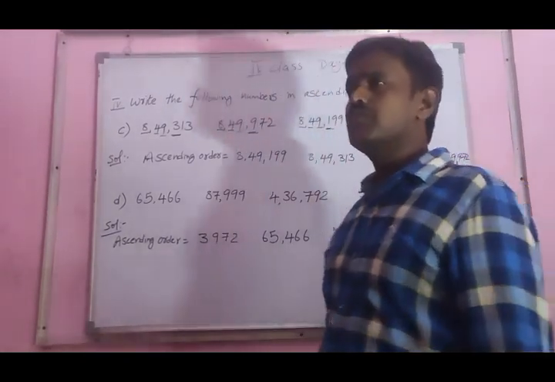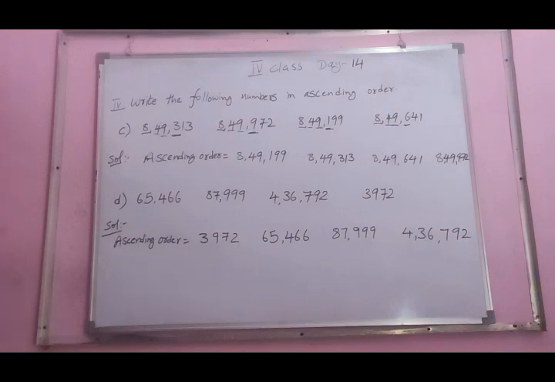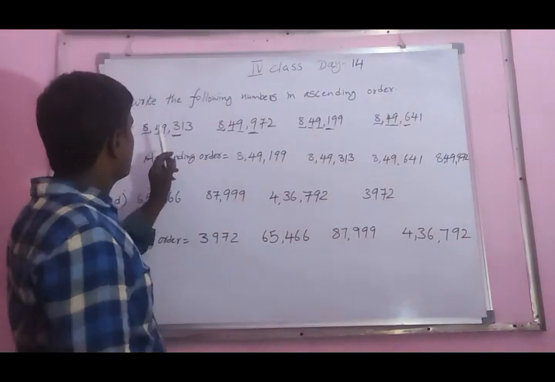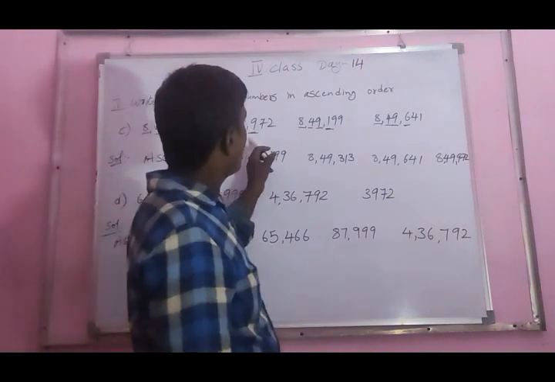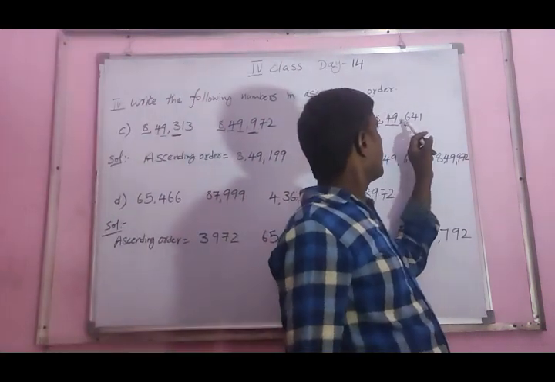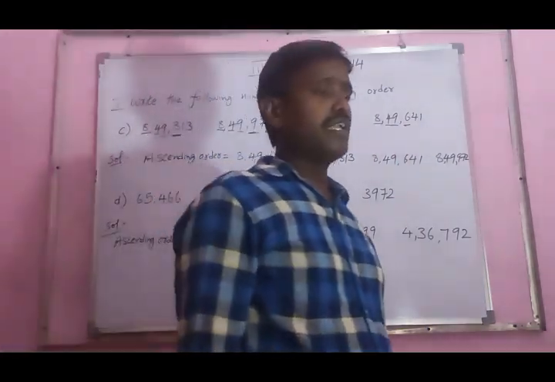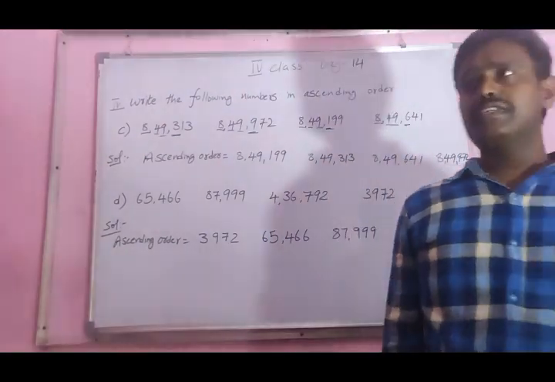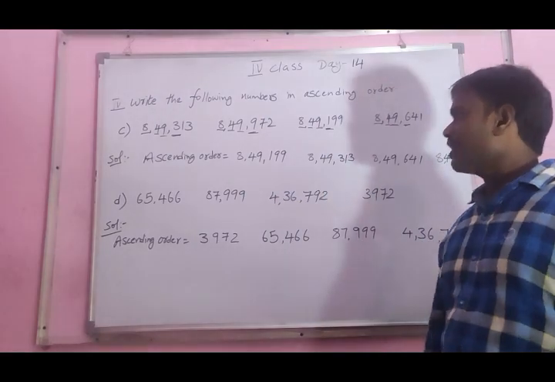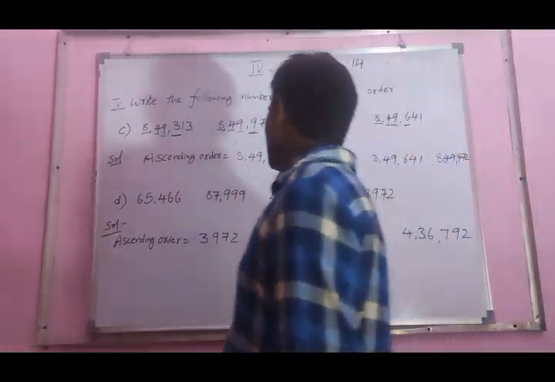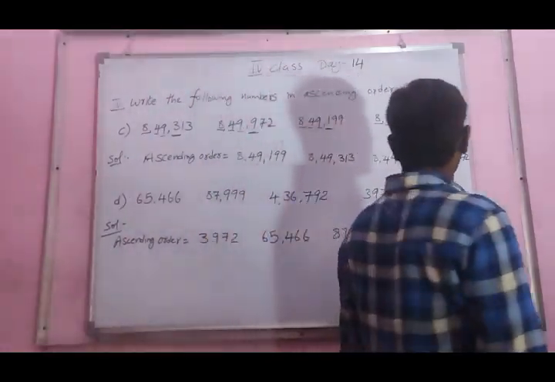So we move to the next place to compare the numbers. That means the 100 place. The 100 places are 3, 9, 1, 6. We know that 1 is smaller than the remaining numbers. So first number is 8,49,199.